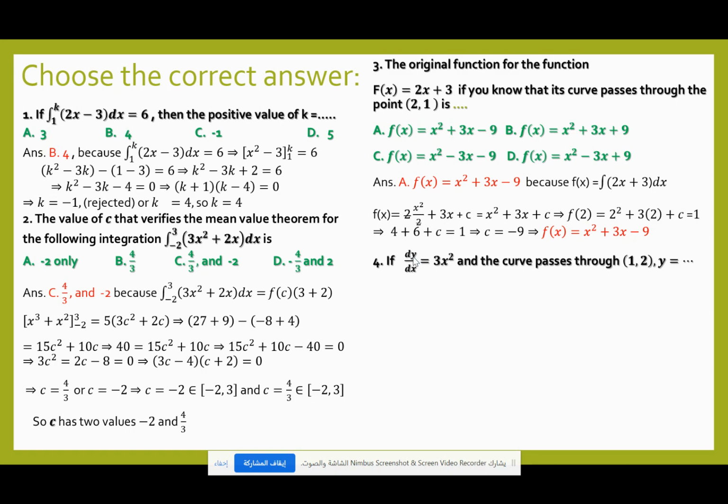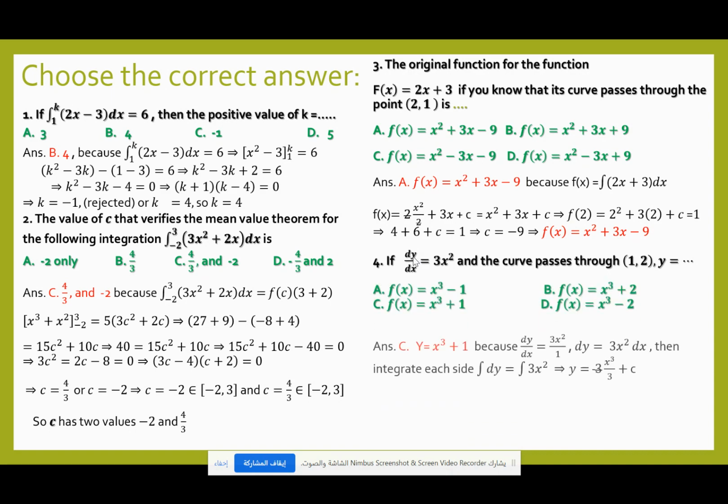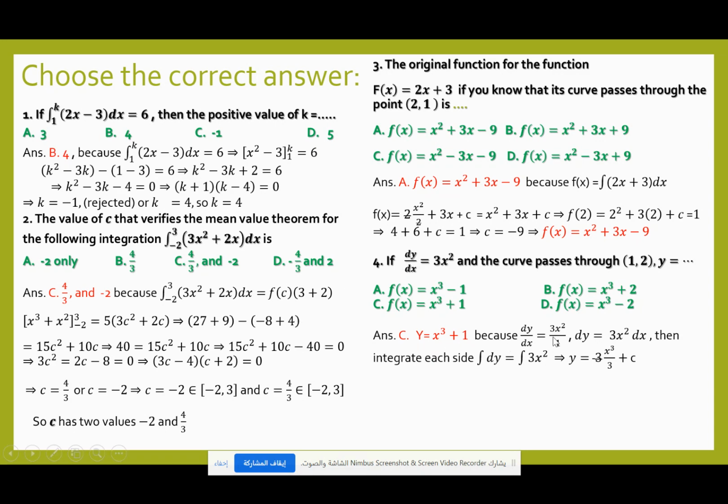You have the derivative and you need to go back to get the original function by integrating it. You have these choices to choose from. We are going to do the same, but before, you make a cross multiplication.